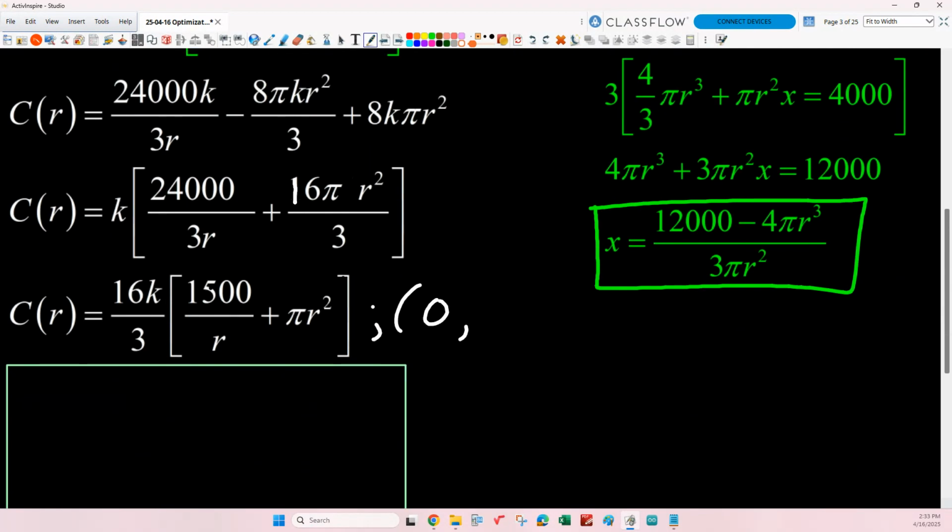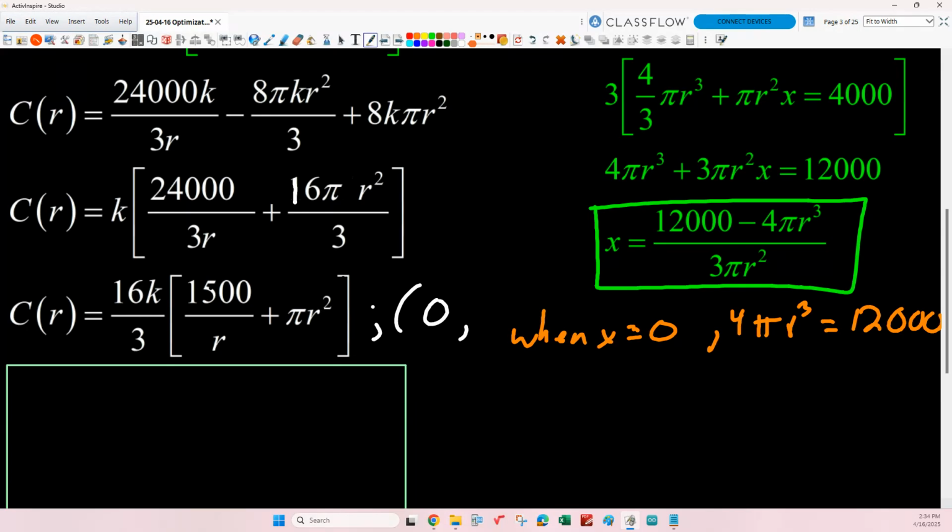Well, what's going to happen if x goes to 0, what's the condition we can take away from that equation? What's going to make that fraction go to 0? If the numerator goes to 0, right? Everybody see that? Okay, so we could say then when x equals 0, the top would have to be 0, so that would mean that 4 pi r cubed would have to equal 12,000, right?